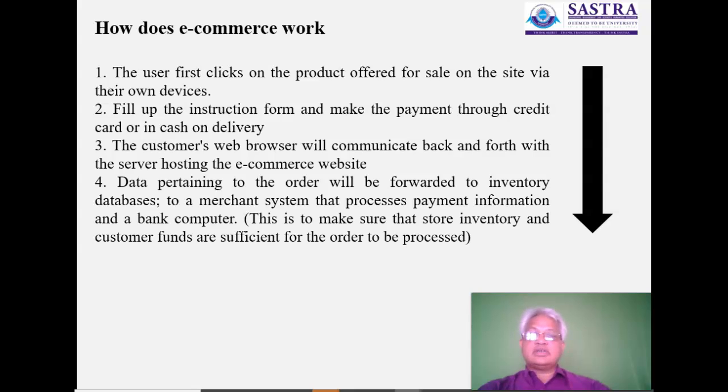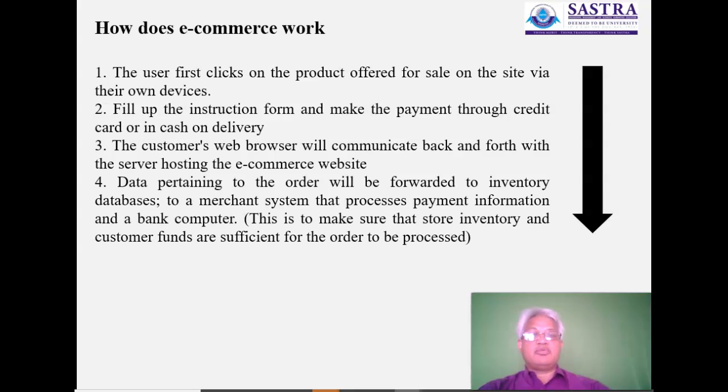The third step, the customer's web browser then communicates back and forth with the server hosting the e-commerce website. This is what typically happens at the back end. And during this process of communication, data related to the customer's order is being forwarded to the inventory databases.